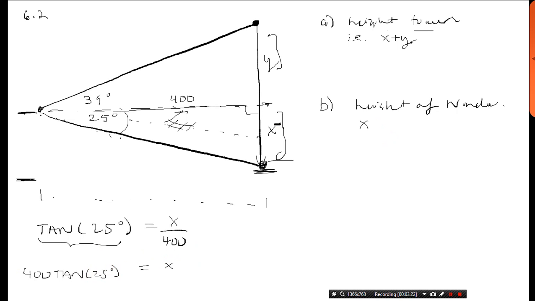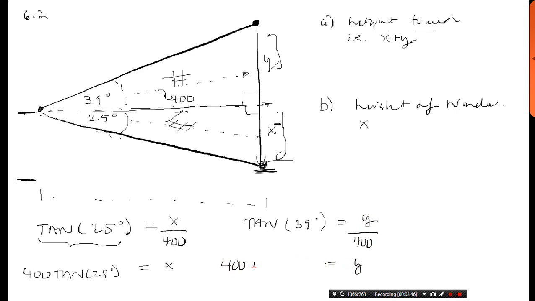To find the height of the tower, we need to find y, and we're going to use the triangle above. Once again, since it's a right triangle, we have this angle, and we're looking for the opposite side. I have the adjacent side, so I'm probably going to need to use tangent again. Tangent of 39 degrees is the opposite over the adjacent. Can we solve for y? Absolutely.